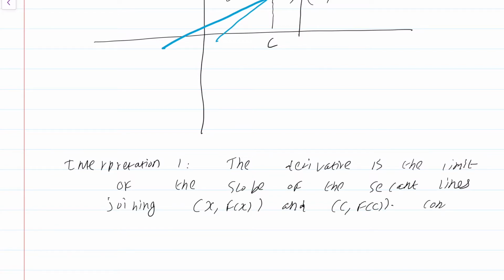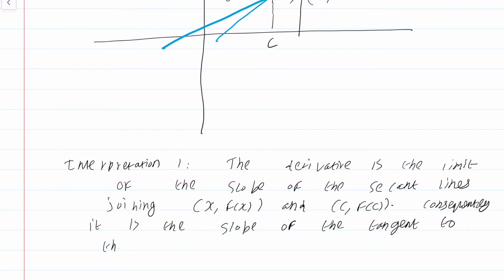Consequently, it is the slope of the tangent to the curve at c, f of c.